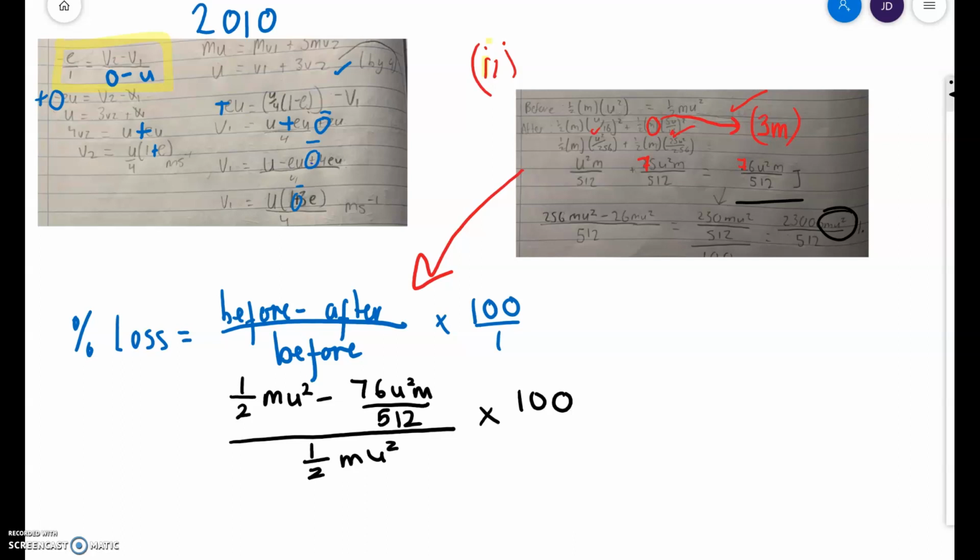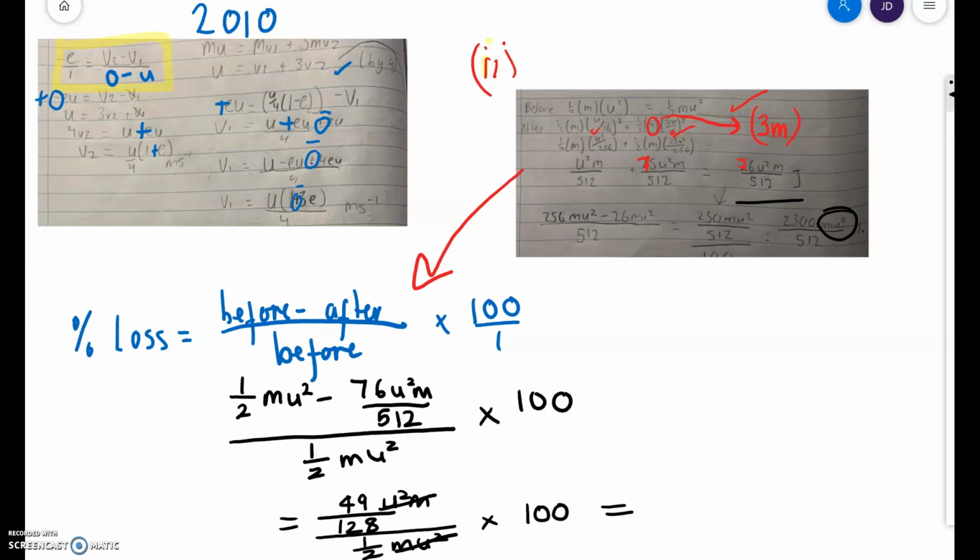Why is it going to be just a percentage? Because, okay, well, do those two in your calculator, and a half minus 76 over 512 is equal to 49 over 128 u squared m all over a half mu squared multiplied by 100. But the mu squared is on the top and the bottom, so they can cancel.